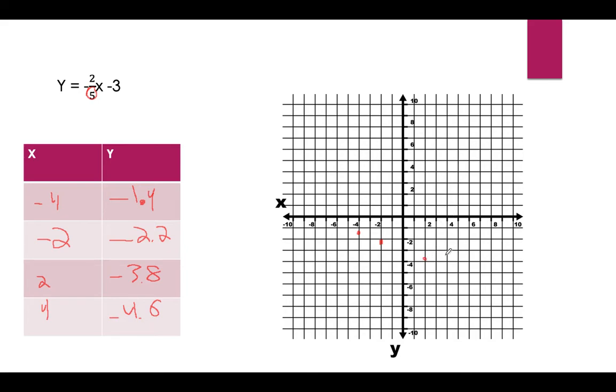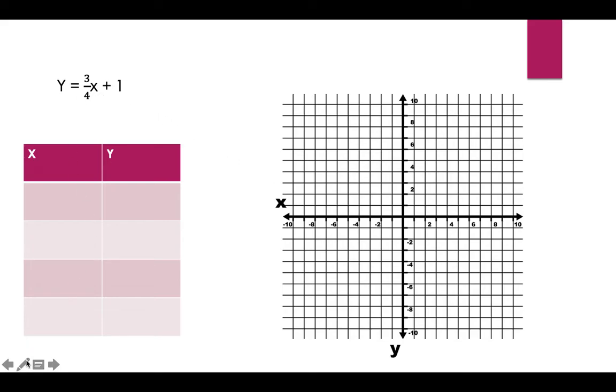And at 4, it's at negative 4.6. Put you somewhere there. So that's actually a pretty good line, if I can draw. Okay. So one thing you could do is just plug into your calculator. I will show you with the next example how to pick nice points.